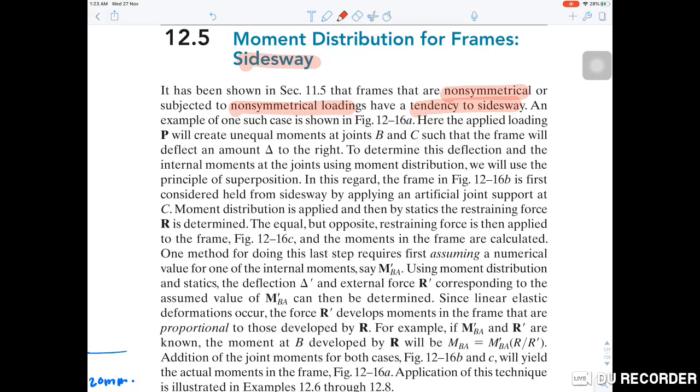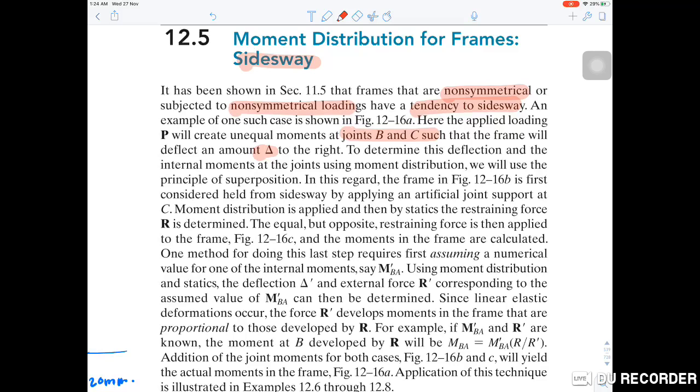Here the applied loading P will create unequal moment at joints B and C, such that the frame will deflect an amount of delta to the right.